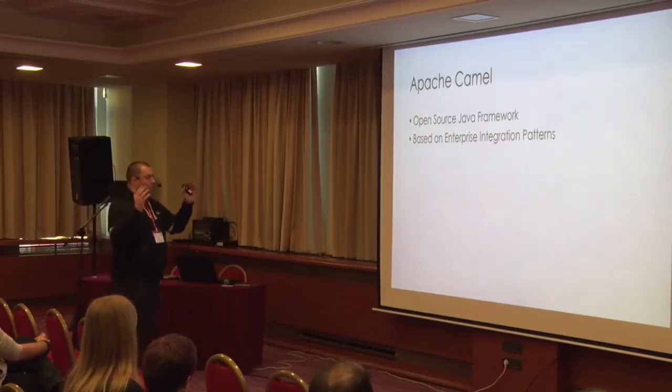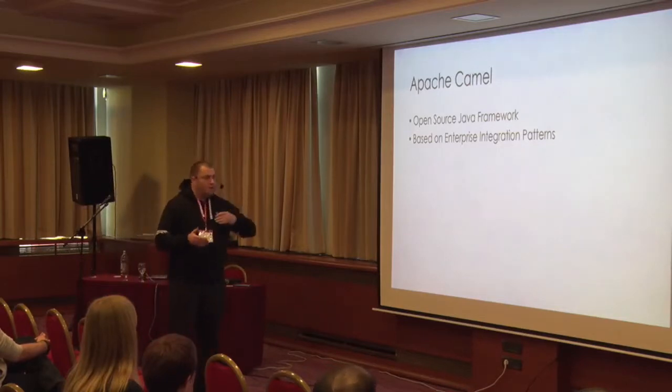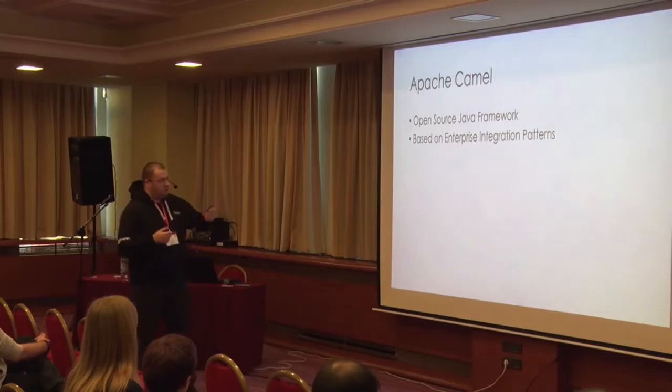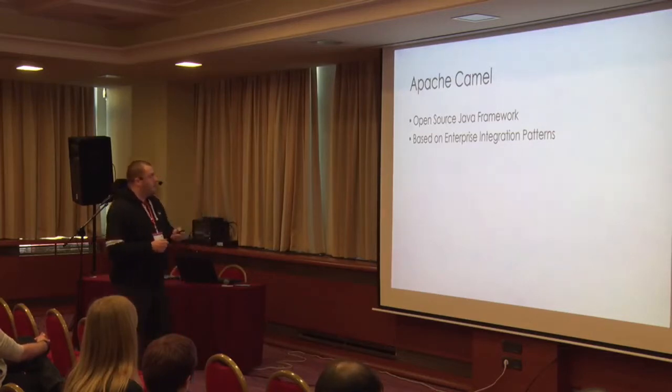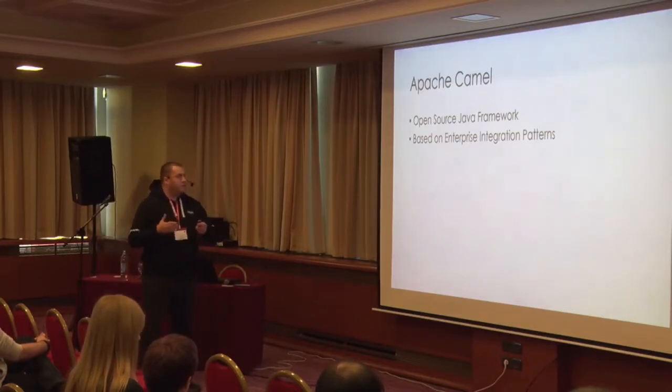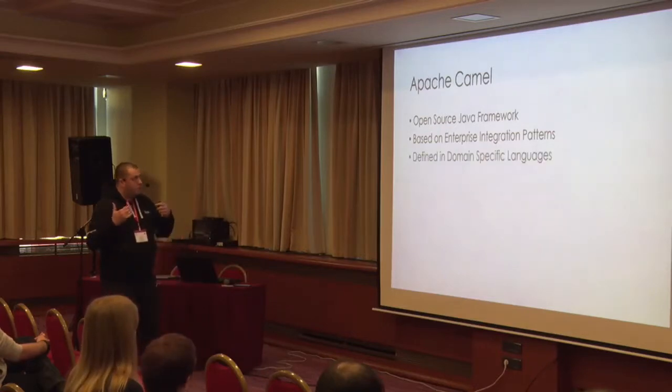So the solutions that exist there are present in Apache Camel, of course in its own design. Apache Camel is written in Java, so the definition of everything inside is done in specific languages.